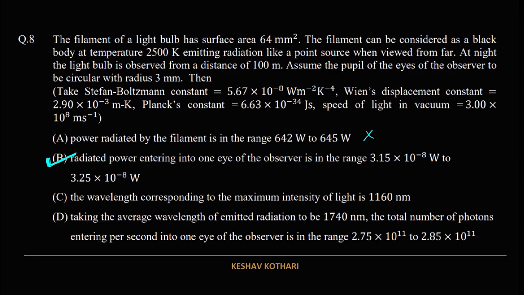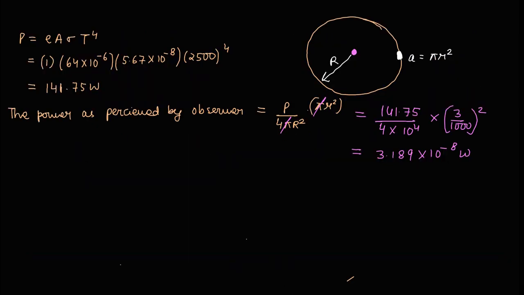Now we are checking the maximum wavelength, the wavelength corresponding to the maximum intensity of light. So if we calculate this, we are going from Wien's law. From Wien's displacement law, we can state over here that the wavelength corresponding to the maximum intensity of light into T is equal to Wien's constant.